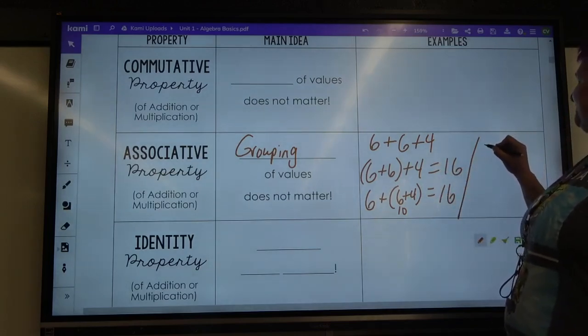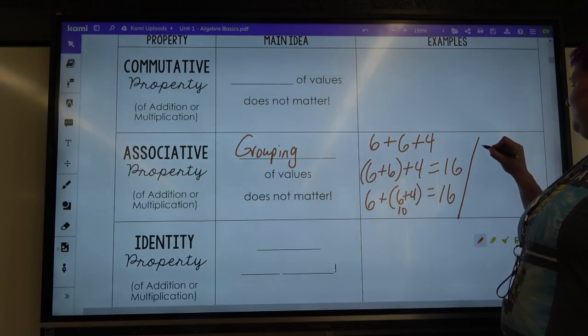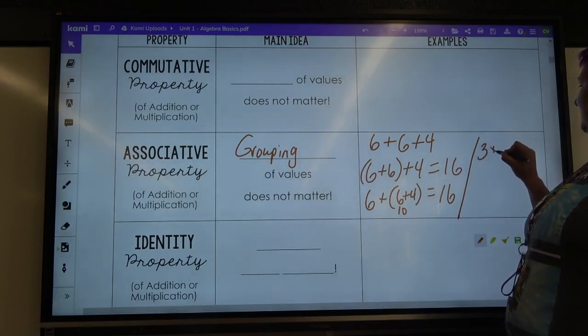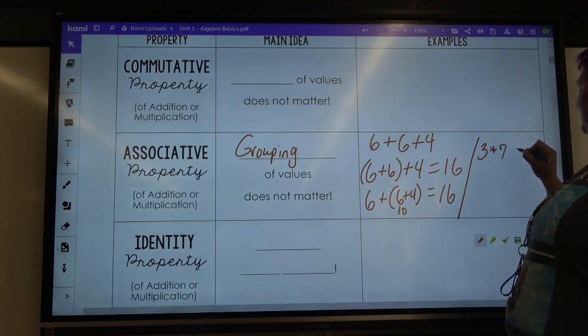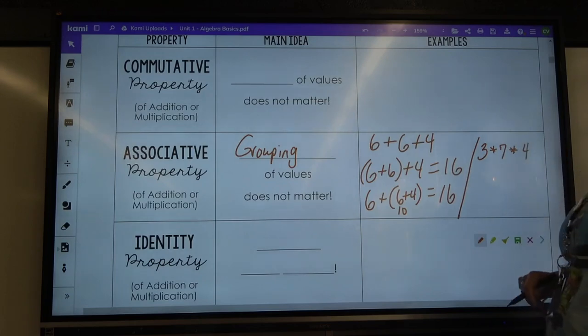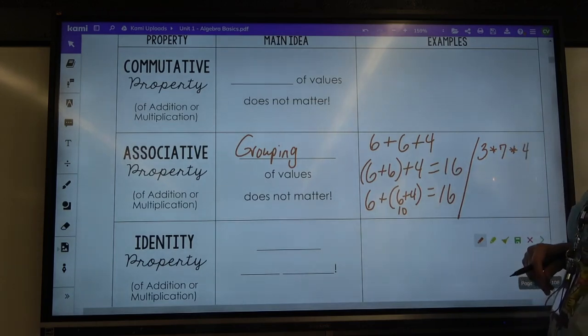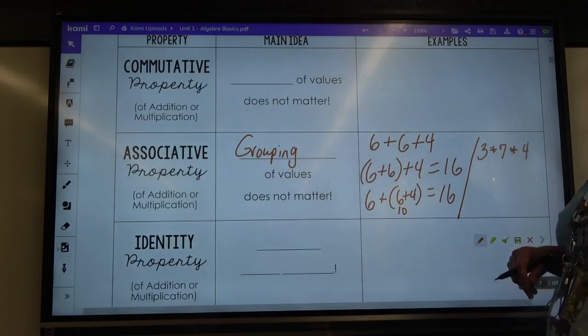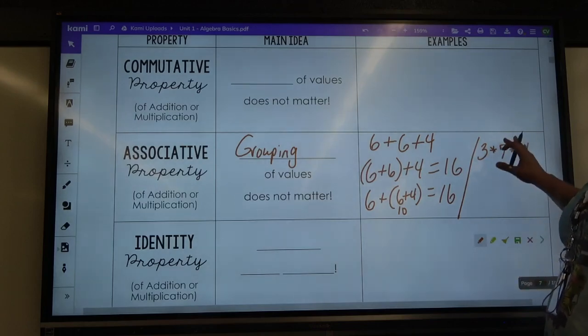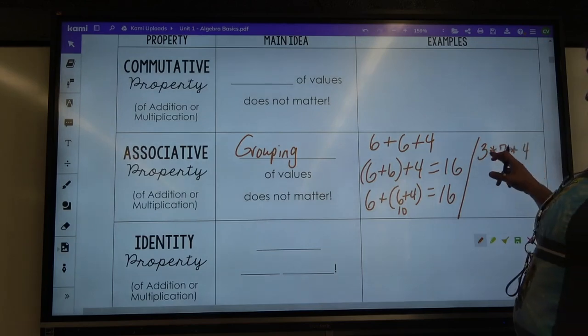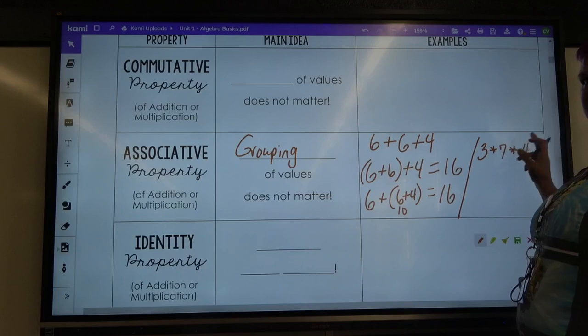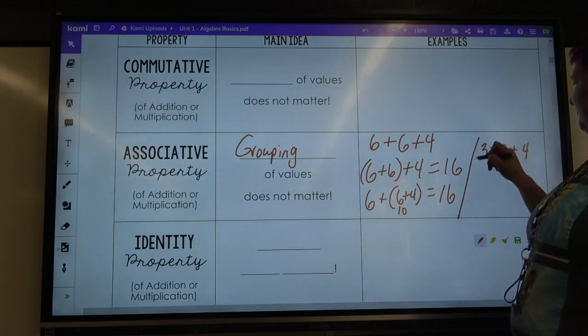So for example, 3 times 7 times 4, that's already going to be complicated, right? But you can group them. Because it's all multiplication, you can group different ones together.